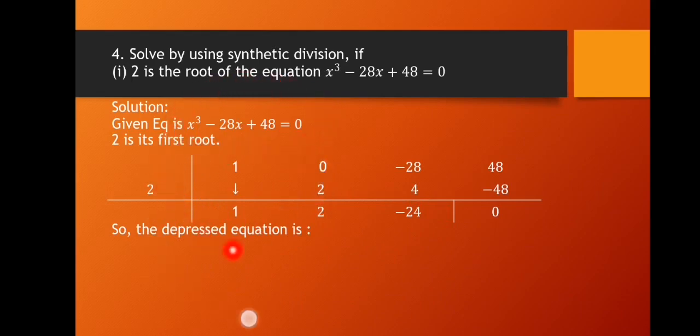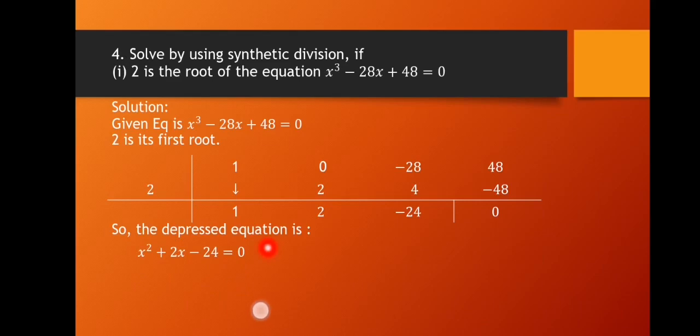So here the degree of the equation which we just get is 2, and the degree of the equation which was given to us was 3. That is why it is considered a depressed equation, since it is lesser in degree than that of the degree of the equation given to us.